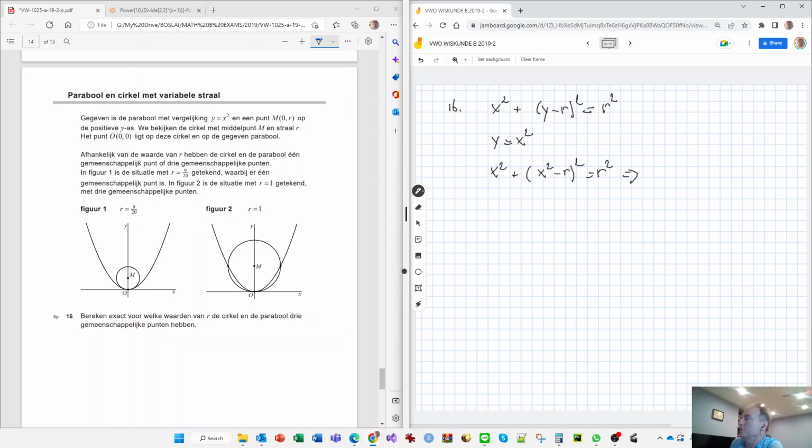And let's just work this out. X to the power 4 minus 2rx squared plus r squared has to be equal to r squared.